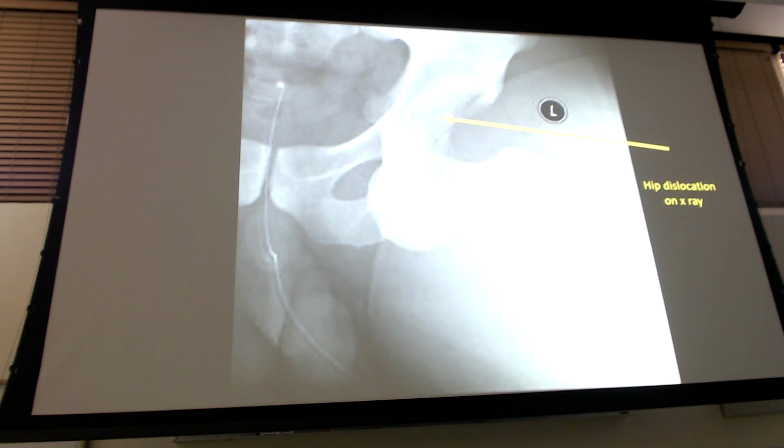Not a Barbie world, a 3D world. So that is an anterior hip dislocation. What the heck is this radio opaque line going up? Catheter. That is the catheter. This patient obviously is hospitalized because when you dislocate your hip, that's where you go. But yes, they have a catheter in. That's what that is.